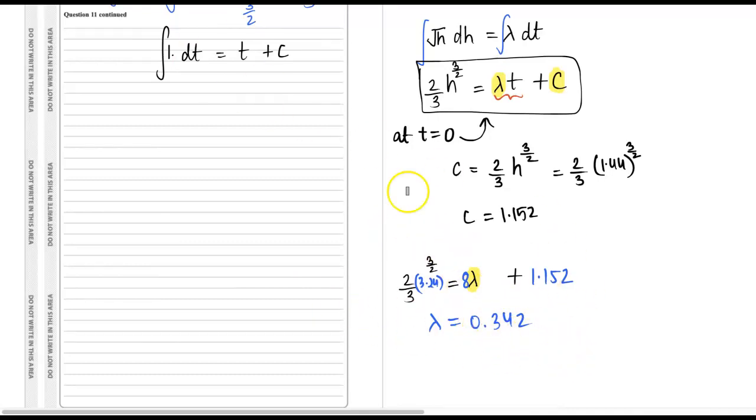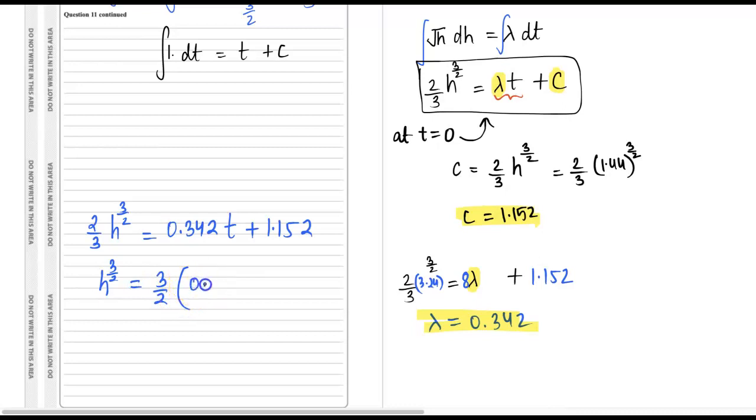Now we have c here and lambda here. Let's substitute them in the equation. So 2/3 h to the power 3/2 equals 0.342 t plus 1.152. It's not done yet. So h to the power 3/2 is equal to 3/2 times 0.342 t plus 1.152. Okay, let's multiply quickly.